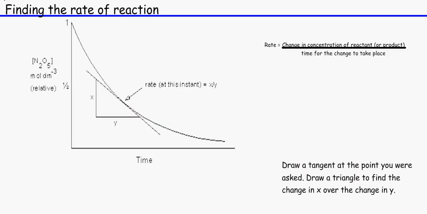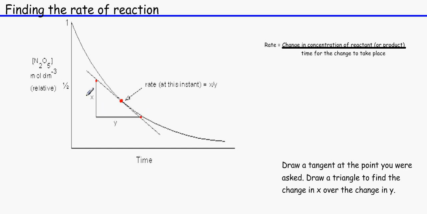But to find out the rate of a reaction, especially when it's these type of graphs, we will draw a tangent to the point that we want. Okay, if you do maths, this will be incredibly easy for you because this is just part of differentiation. But we will draw a tangent to the point that we want, and then we would select 2 points over here and then join them up together using a line.